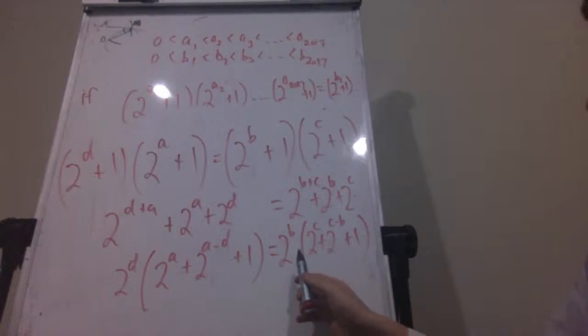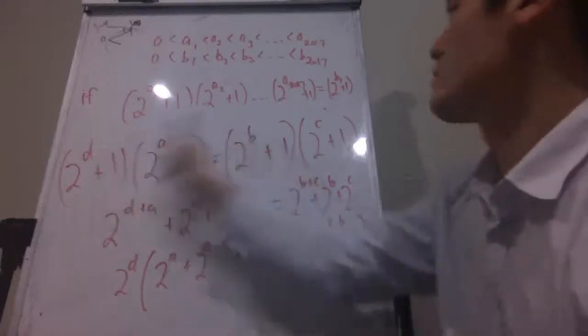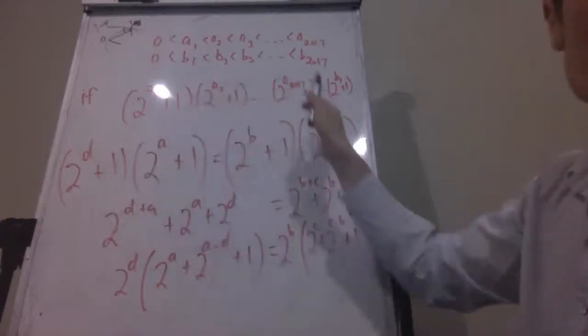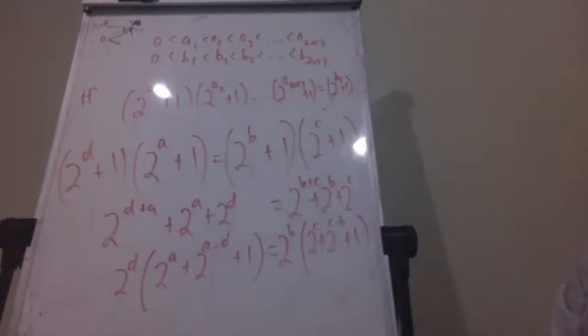And 2 to the B has to divide 2 to the D, so D has to equal B, right? If D equals B, then they cancel and you're back in the first situation. So that's kind of like an induction.